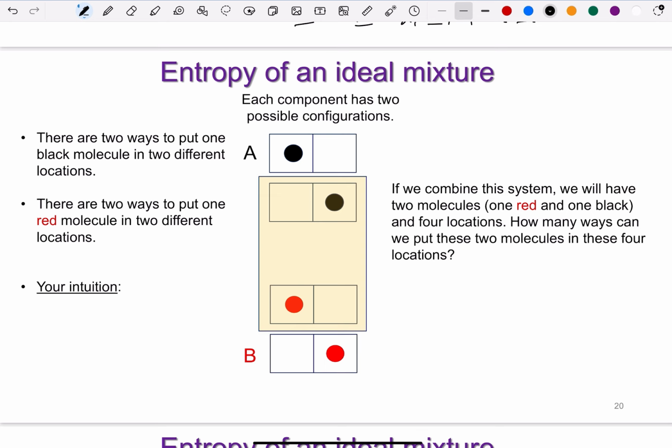Do you remember what the definition of entropy was? Yes? Number of possible microstates. Exactly. So number of possible microstates, right? So these are my microstates. For the black one, I have two microstates. I can either put it in the left square or the right square, right?